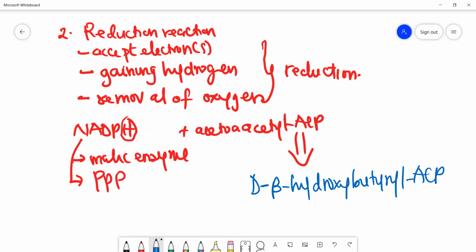The enzyme here is a reductase, and the name is beta-ketoacyl ACP reductase. That is the enzyme that is going to do this job for us. So D-beta-hydroxybutyryl ACP is the resulting intermediate of the reduction reaction.